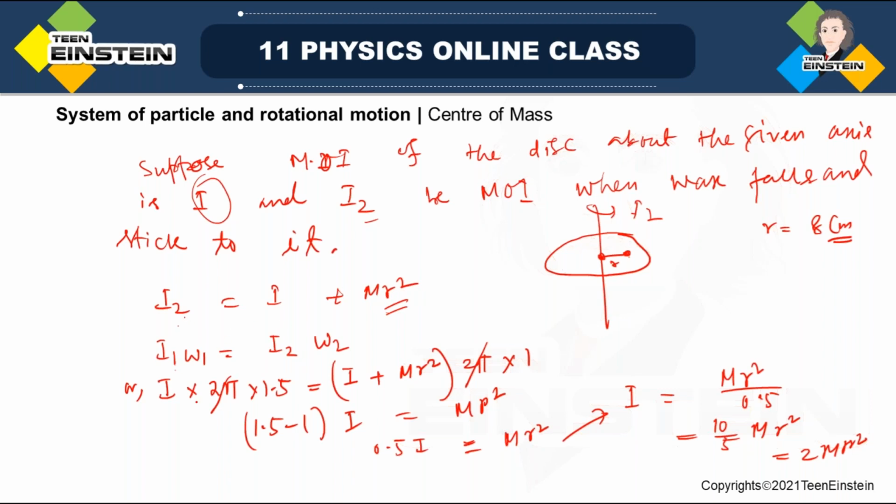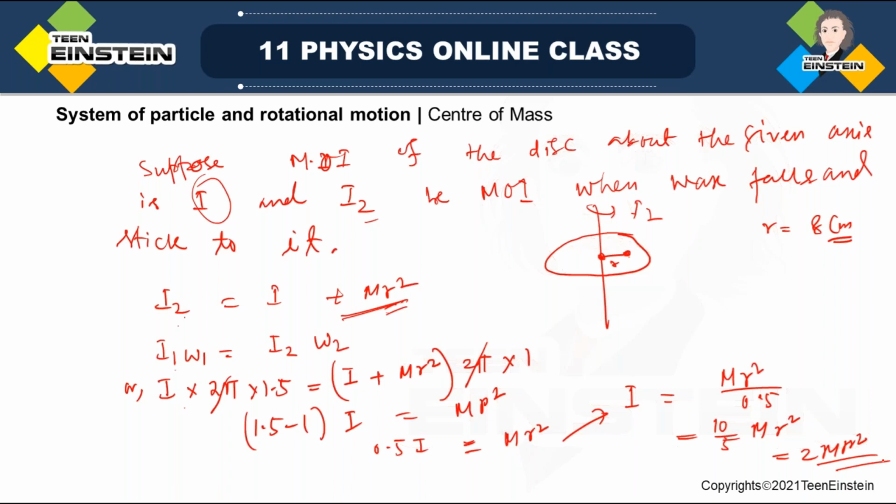I1 we know, that is I, and omega 1 and omega 2 were given. 1.5 rps into 2 pi is the initial angular frequency, and I2 is I plus m r square, along with 2 pi into 1 rps, which is reduced by 0.5. Upon solving, we get I is equal to 2 m r square.